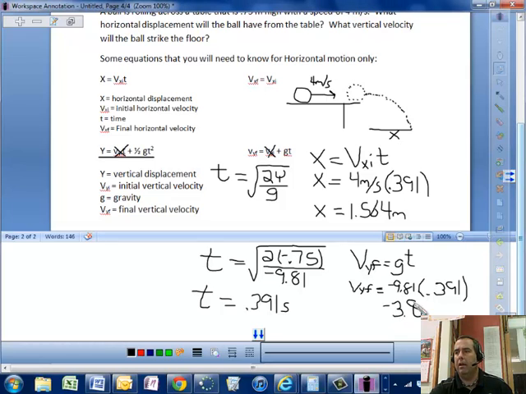So we're saying that as that ball falls towards the ground, it's going to pick up speed. It's going to go from 0 vertical velocity to a negative 3.84 meters per second, and that'll be your final vertical velocity.